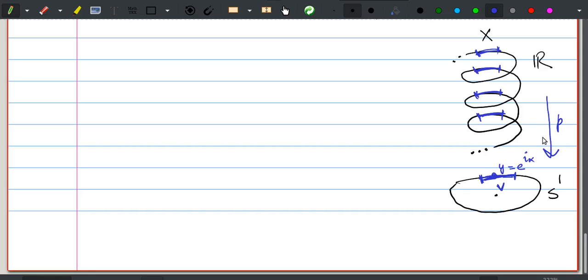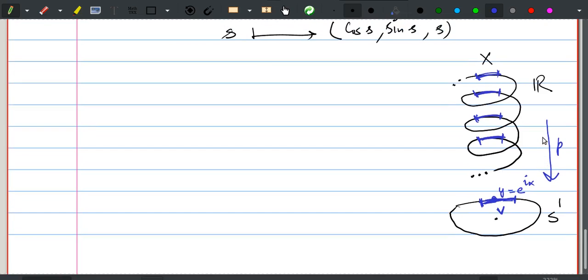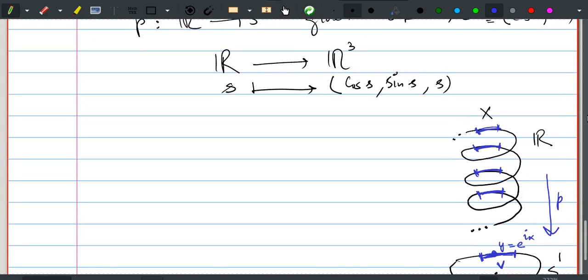Now what this P does here, P is the restriction to the helix of the projection of R3 onto R2.